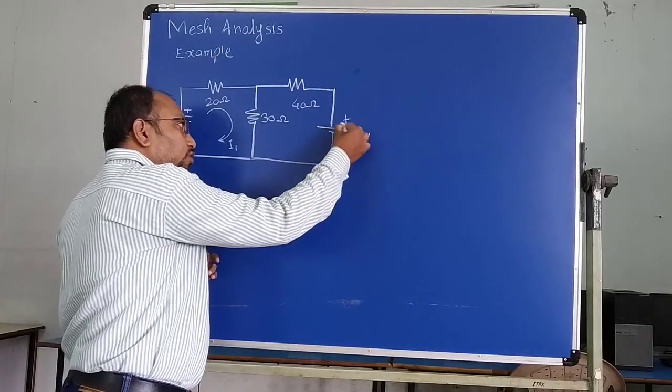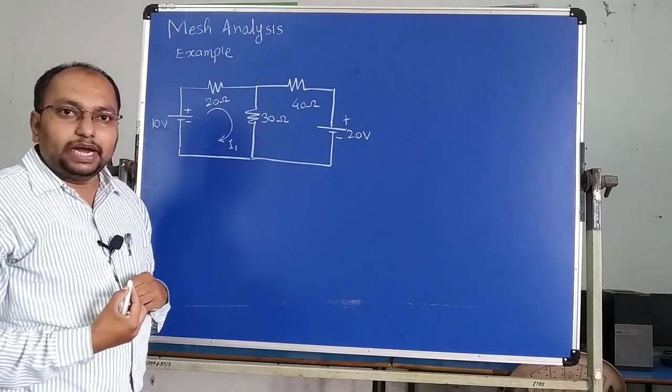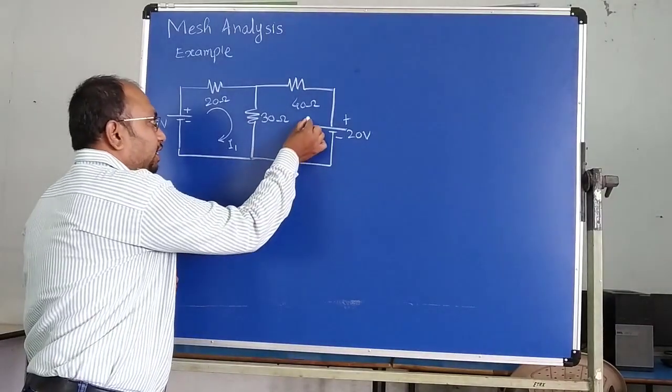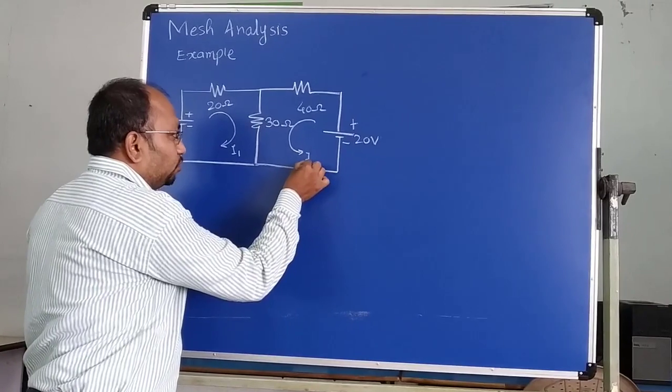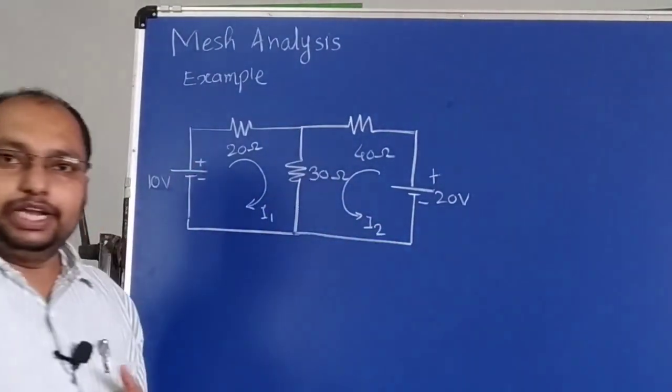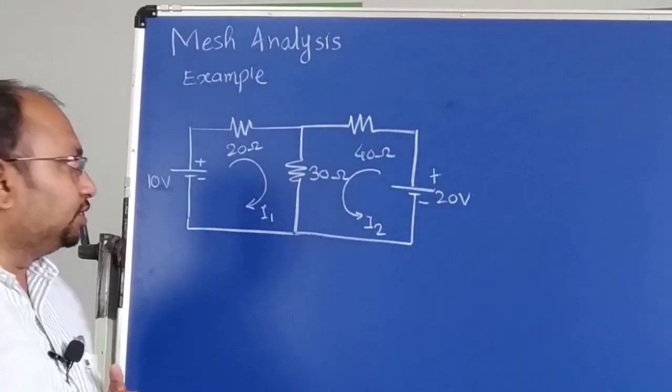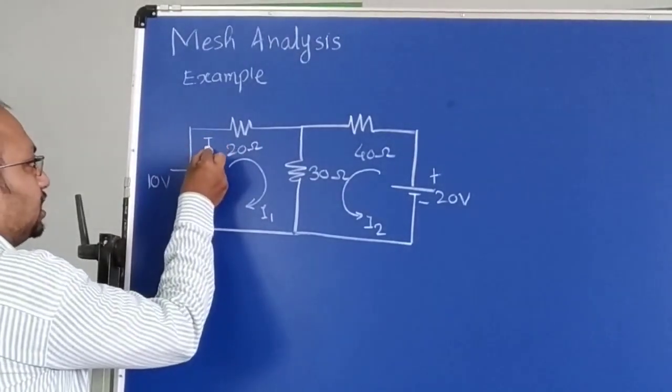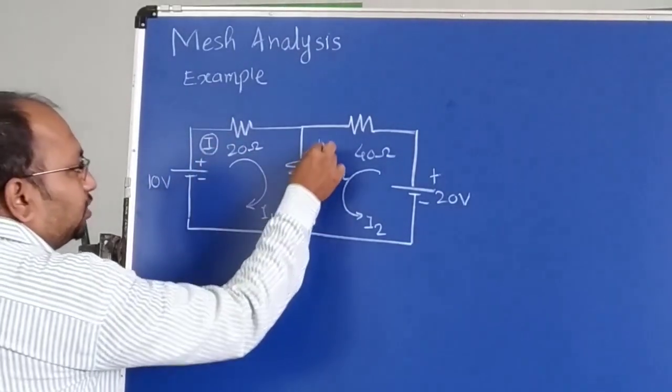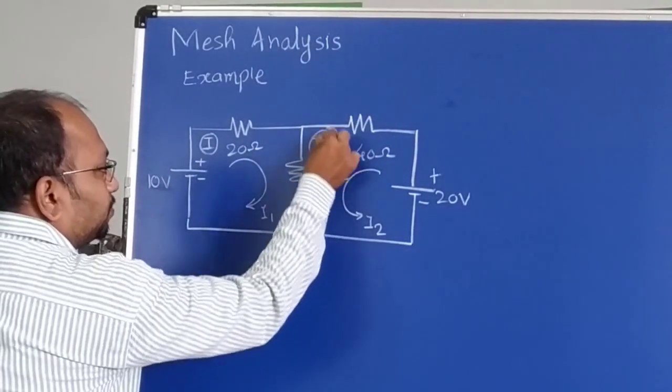The current always flows from the positive terminal of the battery to the negative terminal, so let us mark this I2 current in an anti-clockwise direction. Is that fine? Okay, so let us mark this as loop number 1 and this as loop number 2.